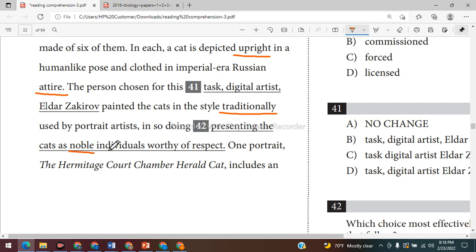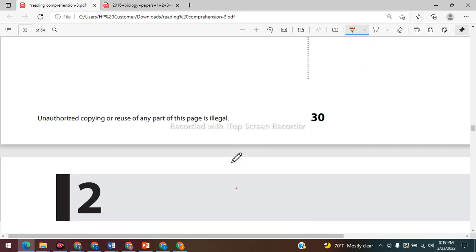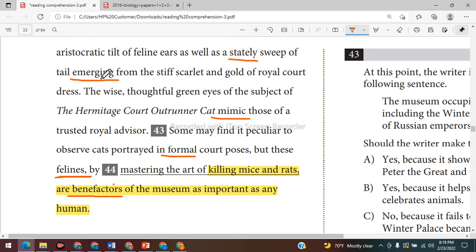One portrait, the Hermitage Court Chamber Herald Cat, includes an aristocratic tilt of feline airs as well as a stately sweep of tail emerging from the stiff scarlet gold of royal court dress. The wise, thoughtful green eyes of the subject of the Hermitage Court Outrunner Cat mimic those of a trusted royal advisor.